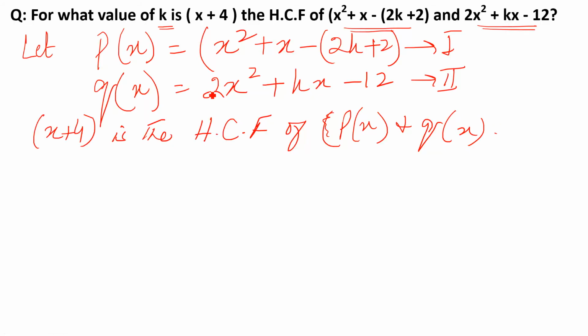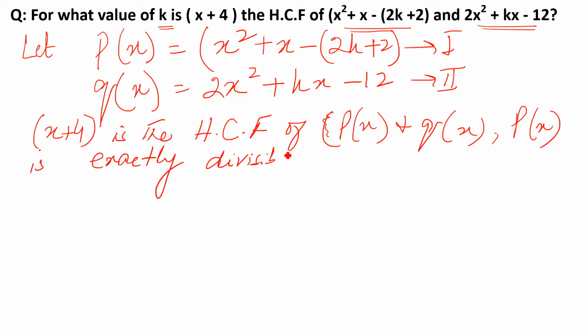Instead of writing the complete expressions, I'm just writing p of x, because I said this is p(x), this is q(x). x plus 4 is the HCF of p(x) and q(x). It means that p of x is exactly divisible by x plus 4.